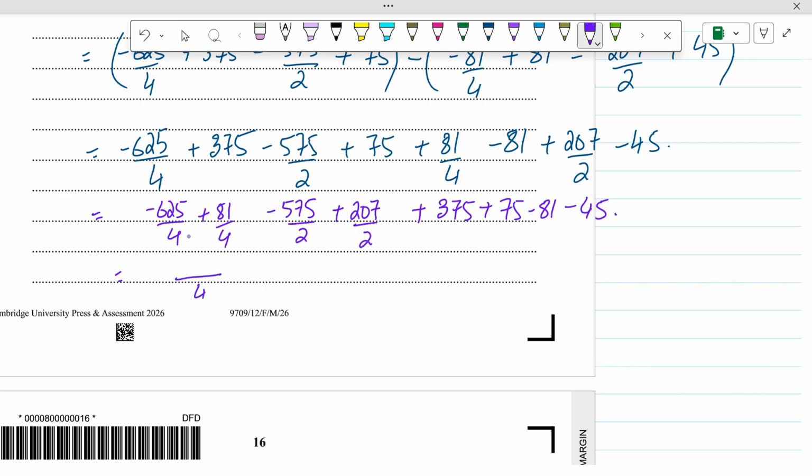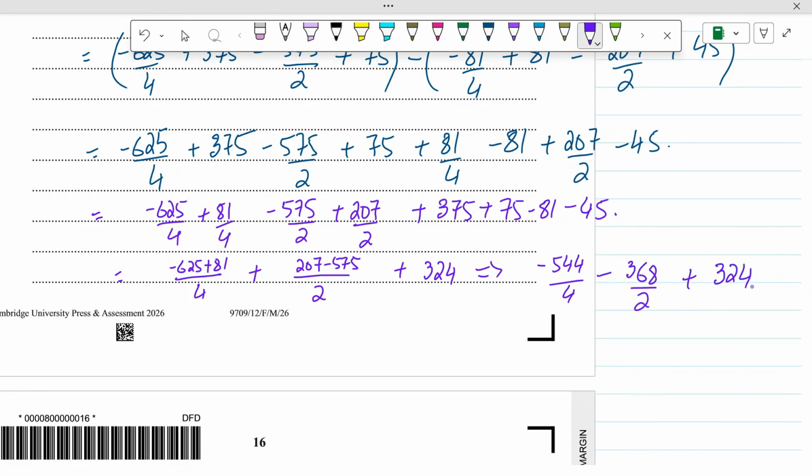Taking the LCM for the first two terms, we will have negative 625 plus 81, and taking the LCM for the next two, we will have positive 207 minus 575, and this will be equal to 324. Further solving, we will have negative 544 over 4, and this will be negative 368 over 2 plus 324.